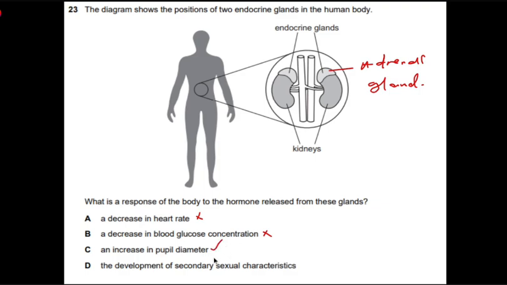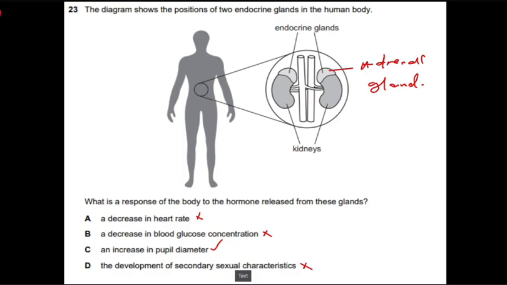And then the last one says the development of secondary sexual characteristics. This one has no effect on the development of secondary sexual characteristics. What has an effect on that is the part which releases those hormones involved in the development of secondary sexual characteristics.